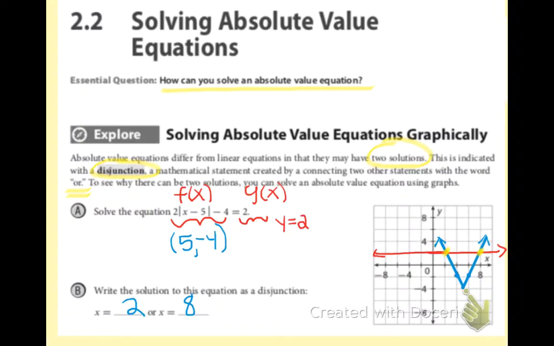And when we put 8 in, 8 minus 5 is 3, the absolute value of 3 is 3, times 2 is 6, 6 minus 4 is 2. So we can clearly see that those are the solutions, the two values that, when I substitute back in, make that equation true.